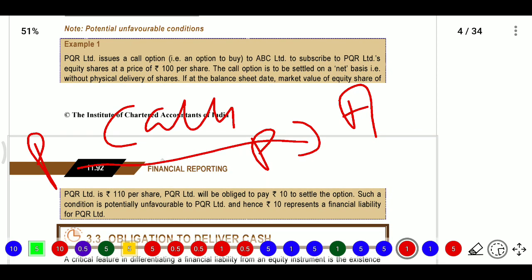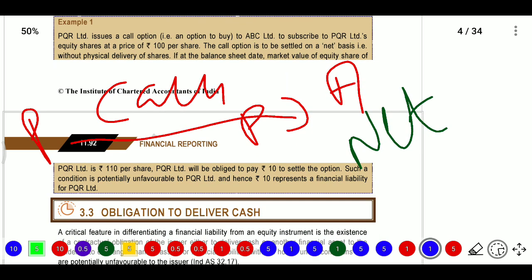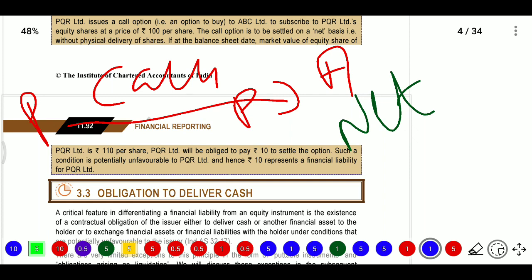The call option is to be settled on a net basis. So how are they settling? On a net basis, that is, without physical delivery of shares. If the balance sheet date market value of equity shares is 110 rupees per share, PQR Limited will be obligated to pay 10 rupees to settle the option. So such a condition is potentially unfavorable to PQR Limited.